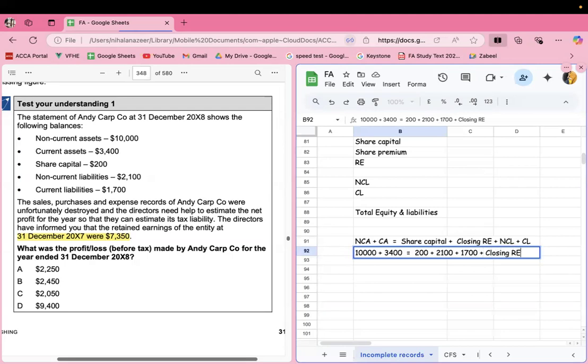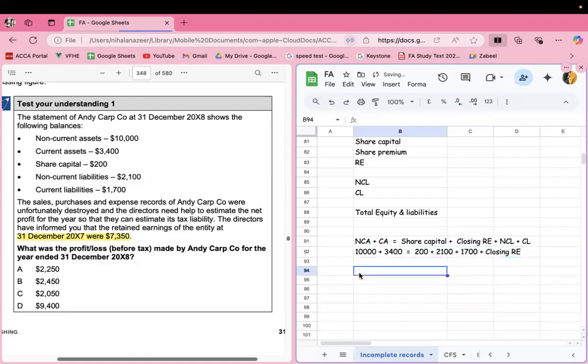So if you bring all of these into the left side, closing RE would be equal to 10,000 plus 3,400, minus 200, minus 2,100, minus 1,700. It is just simple basic maths.